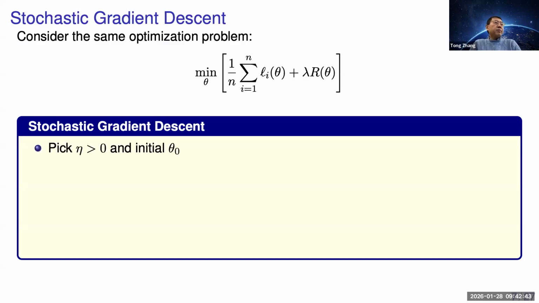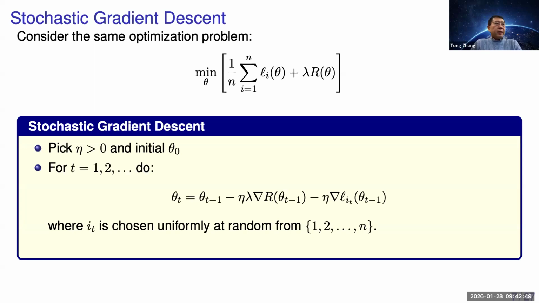Pick eta, a single constant learning rate, and the initial theta. In theory, what you usually talk about is that I is chosen uniformly at random. That's typically the stochastic gradient theory. In practice, it's slightly different, doing a permutation, which I will comment on soon. And then each time you just look at one data point.